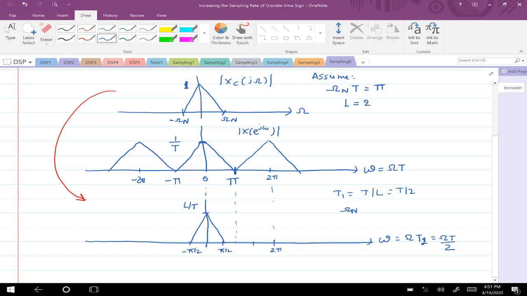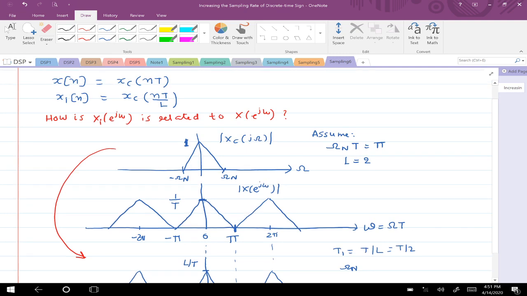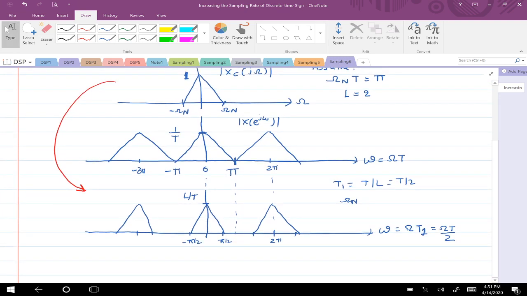Okay, again plus pi by 2 to minus pi by 2. I have a copy of it. Similarly here at minus 2 pi, I have a copy here. So that's what I have drawn now. Let me call it X1 of e power j omega, the magnitude spectrum.